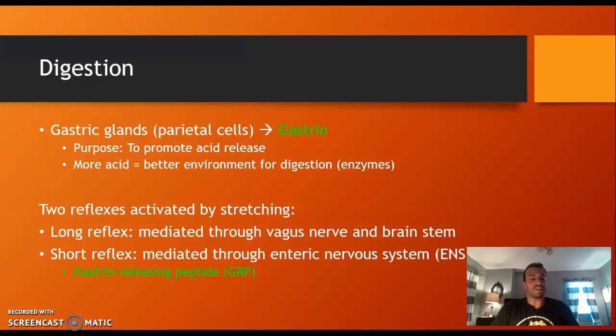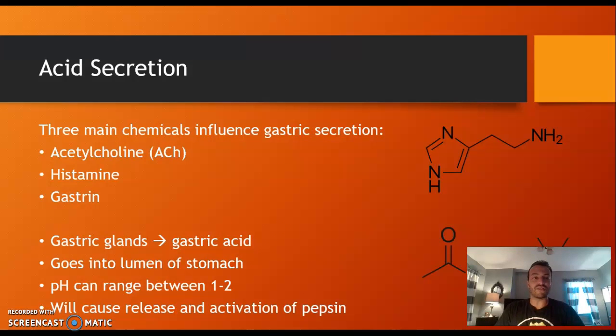The two reflexes I spoke of earlier that are activated by stretching are, first, a long reflex, mediated through the vagus nerve and the brainstem. The second is a short reflex, mediated through the enteric nervous system. This is the reflex that results in the release of gastrin-releasing peptide, which, as the name sounds, releases gastrin, which then helps us release gastric acid.